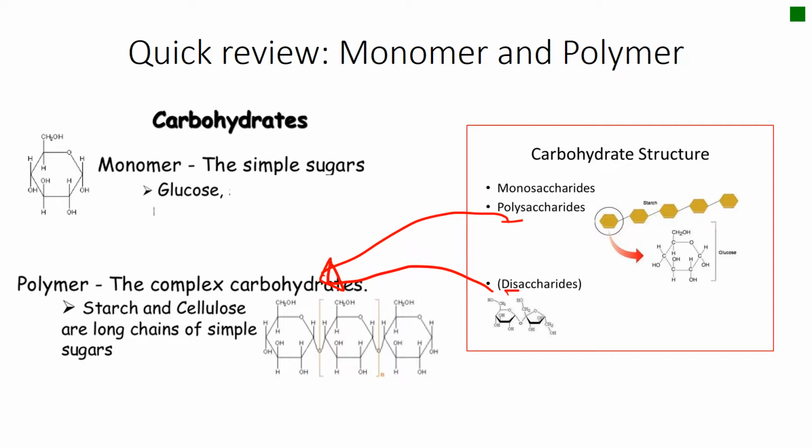However, there is a specific name for combination of 2 subunits called disaccharide, because there are so many sugars that are made of 2 single subunits, and that's why they have a specific name apart from polysaccharide. But both disaccharides and polysaccharides are polymers of carbohydrate.